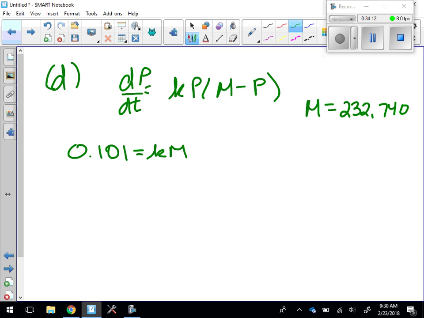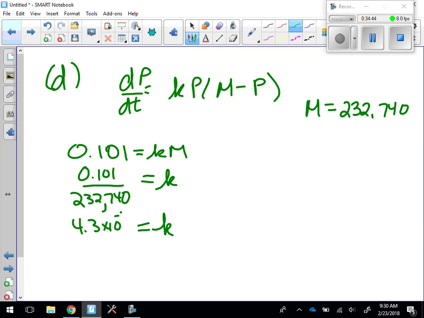Oops. So I've got that my 0.101 is equal to km. I know what m is, so it's 0.101 divided by 232,740. And what's my k value going to be? Okay.